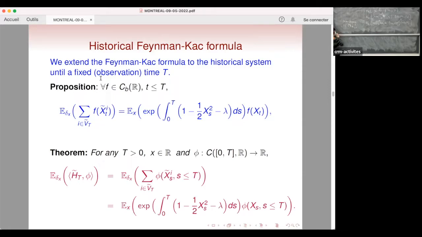So we can prove that for any t1, tn less than t, the expectation from delta x of the sum over I in V capital T of f1 of x tilde I t1 times up to fm of x tilde I tn is equal, with exactly the same proof, to this expression where you have the exponential from 0 to capital T of h of x s ds times f1 of x t1, etc., fm of x tn.